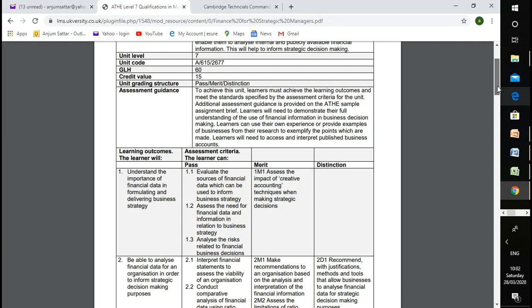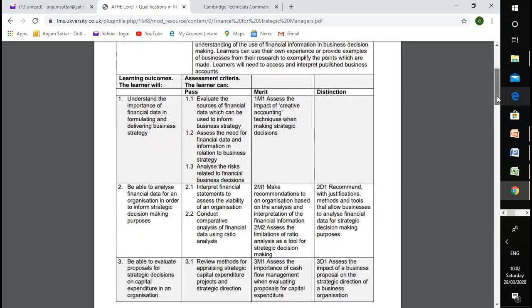We discussed the gearing ratio, use of resources, four types of ratios. Management accounting, internal and external, and financial accounting as well. We discussed four types of financial statements: income statement, balance sheet, cash flow, and statement of changes in equity. All this we learned in lessons 1 and 2.